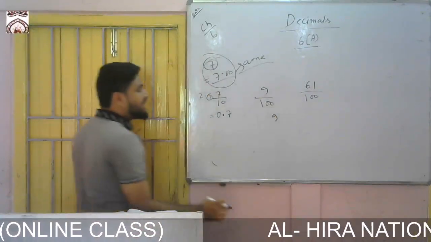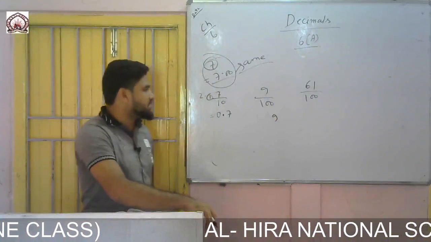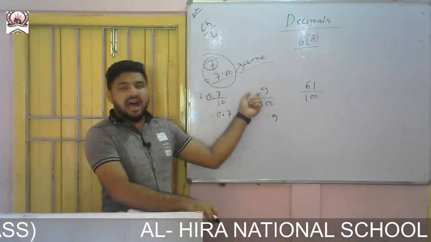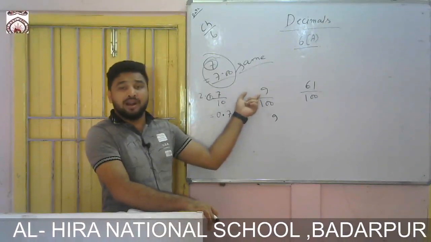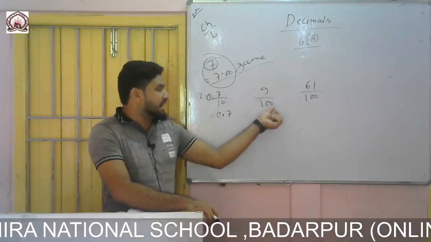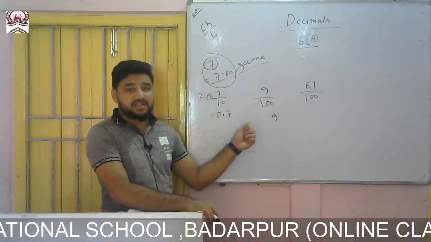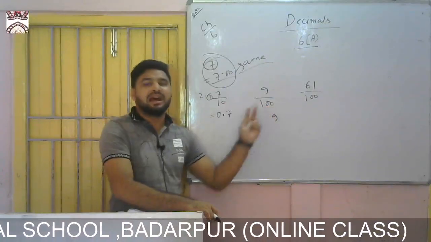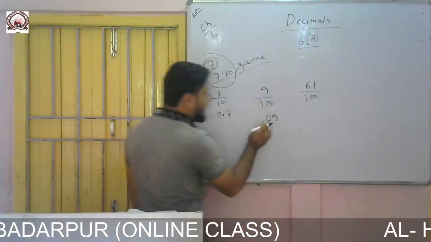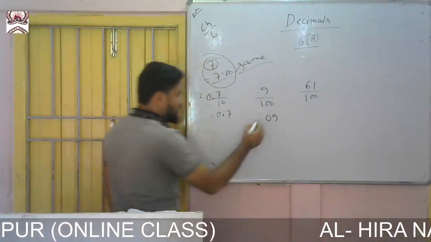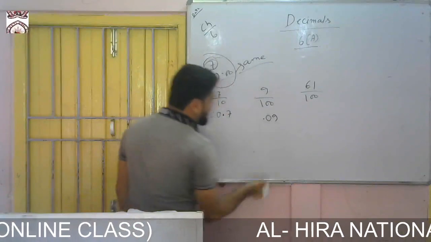In the numerator 1 digit is there, and the point should move 2 places because of the 2 zeros in 100. So we shall add one additional 0, and then shift the point here.